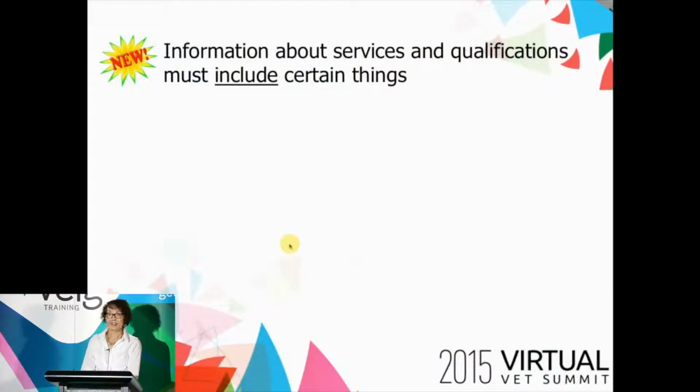So let's have a look then at what the standard particularly says about the services, and I've used the word qualification here, but training products. So qualifications, skill sets, units of competency, accredited courses that the standard requires us to provide information on compliance against. This standard is just a simple standard.